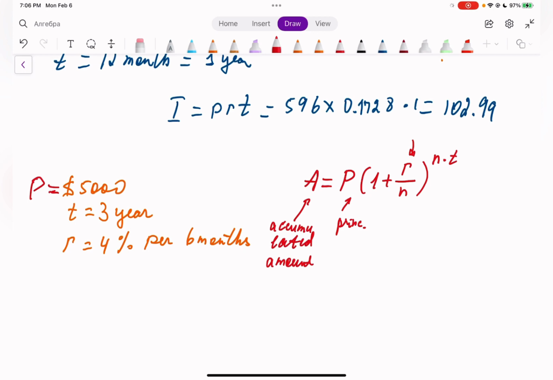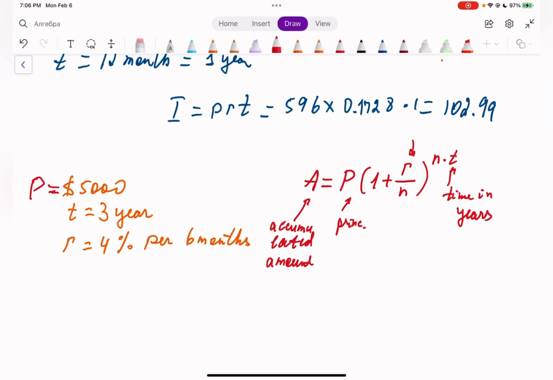N is the number of compounding periods per year, because it can compound quarterly, then it's going to be 4 times, right?